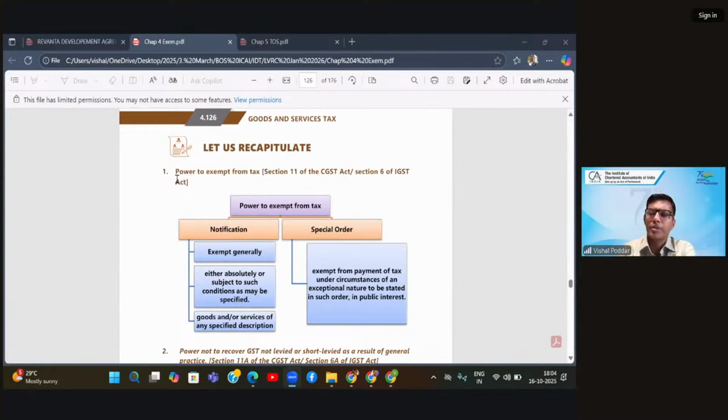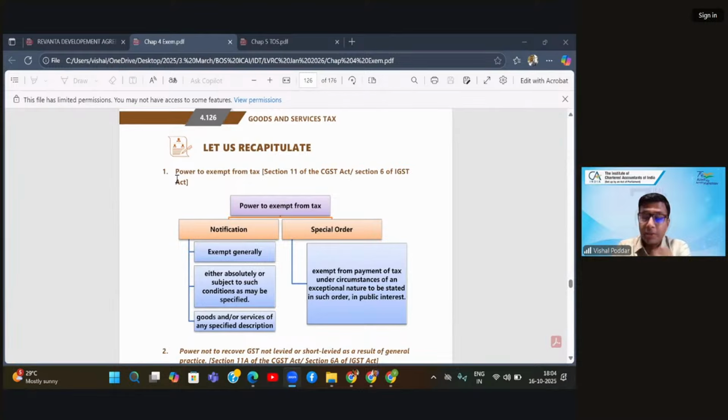But otherwise, if you have even 1 rupee of taxable supply and all other supplies are exempt, still you will be required to get registered if you fit in any of the registration provisions, if you cross the limits. Secondly, you will have to maintain records and even issue invoices, which are called bill of supply, for the exempt transactions. So this is the impact. This is the implication.